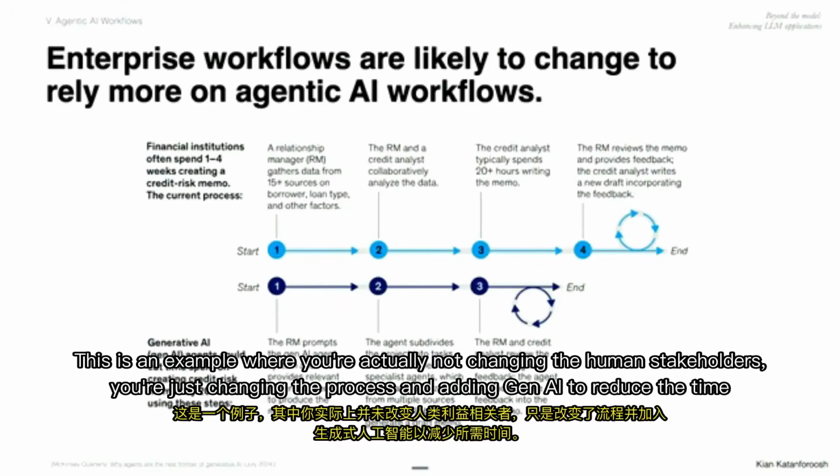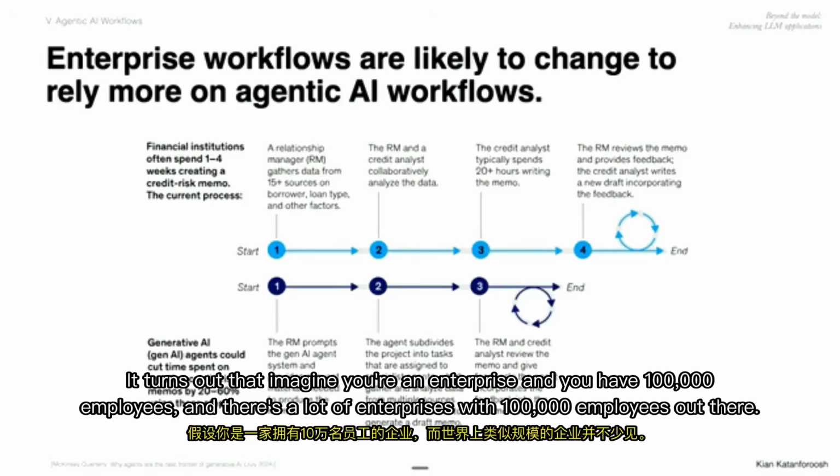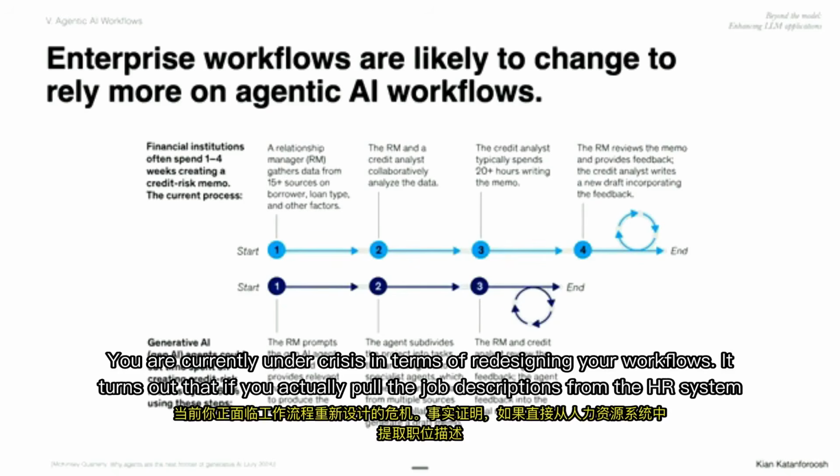So this is an example where you're actually not changing the human stakeholders, you're just changing the process and adding Gen AI to reduce the time it takes to get a credit memo out. Imagine you're an enterprise with 100,000 employees, and there are a lot of enterprises like that out there.